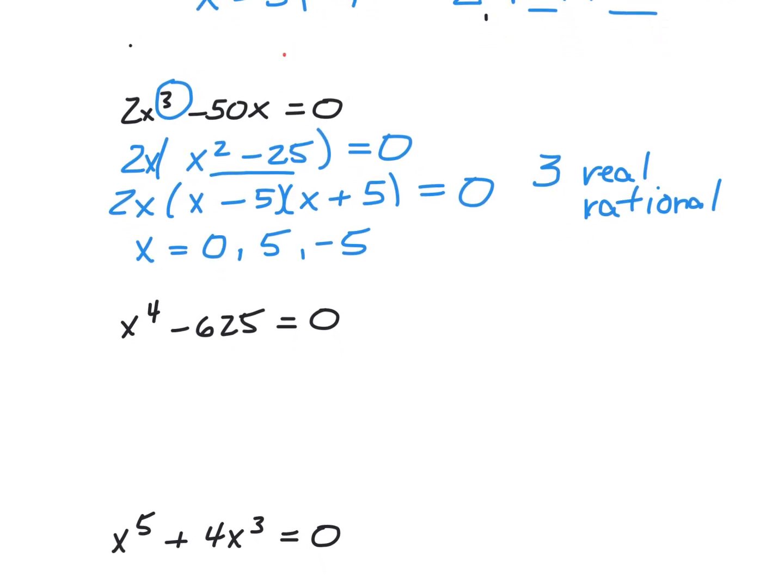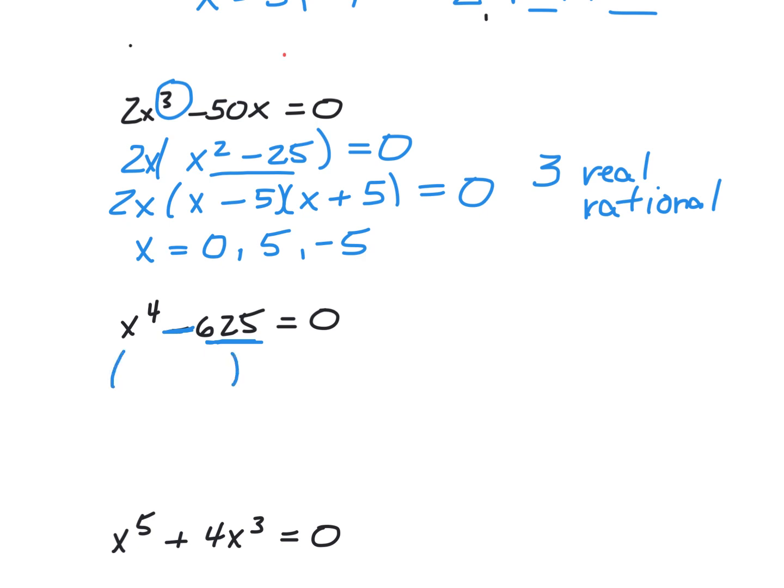Next one there, greatest common factor, there is not one. Is it a special one? I believe it is, because this is a perfect square. It's a little bit larger than on our list, but this would be an example of difference of squares.